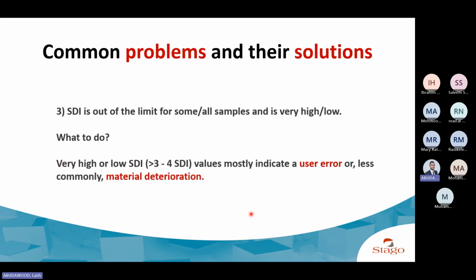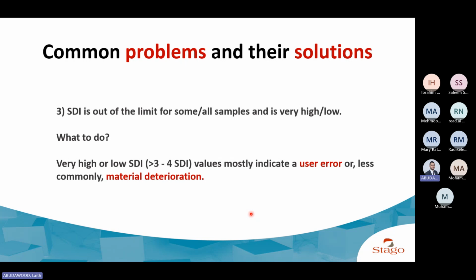All right, third case. Your SDI or Z score is out of the limit, out of the 2 to minus 2 range for some or all of your samples, and the results are very high. They're illogical. And usually when I say very high, I mean above 3 or 4 SDI, because very rarely will you have a bias that is so significant that it will not reflect on your QC.